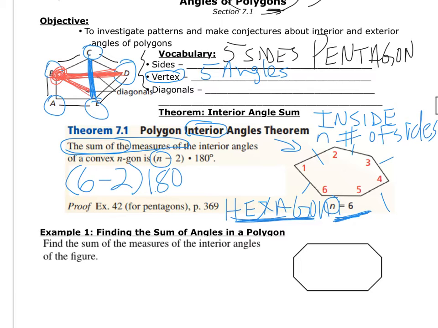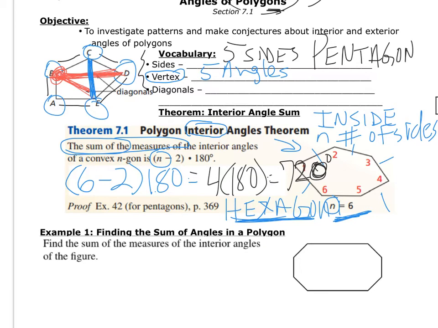So don't we need to subtract this 6 minus 2? Correct, we do. So 6 minus 2 would give us 4. And now we would multiply that times 180. And my calculator gives me 720 degrees.